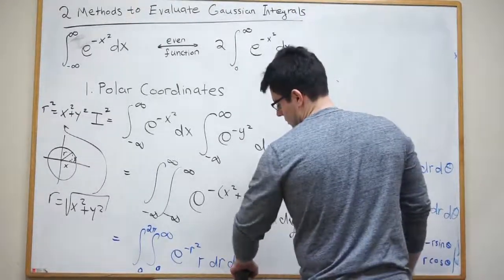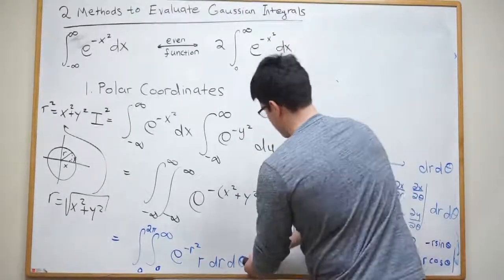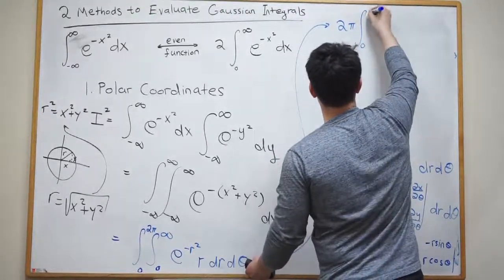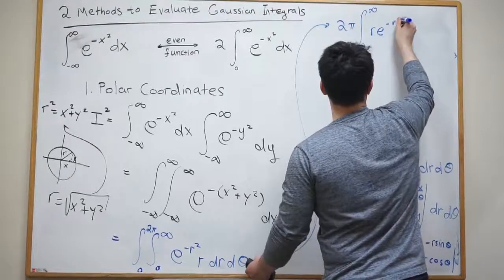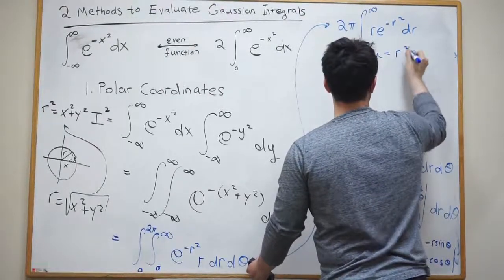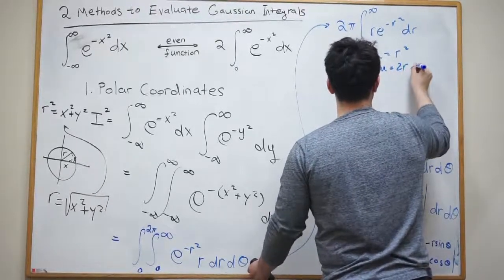We don't have anything in terms of theta, so the integral over theta just becomes 2 pi. And we just have this integral over r, which we can do using a u sub. We let u equal r squared, and du equal 2r dr.